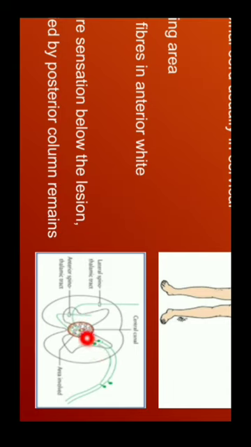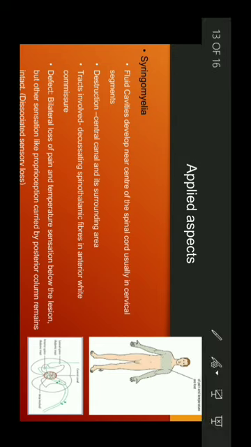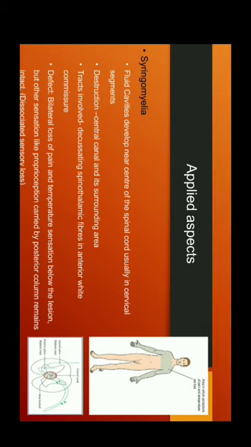So mainly the tracts which are crossing are the anterior and the lateral spinothalamic tract. So this modality of sensations is lost. There is a bilateral loss of pain and temperature sensations below this lesion, but the proprioceptive sensation carried by the posterior column remains intact.